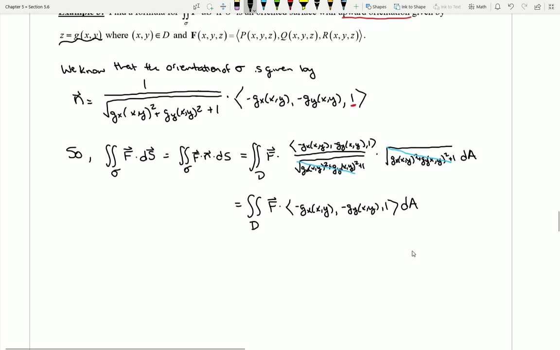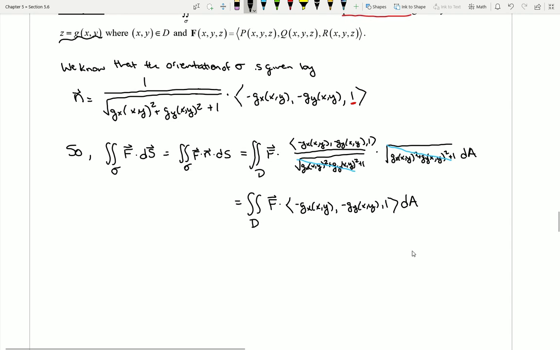If I was to go ahead and think about some other ways I could potentially work with this or rewrite this, I can notice that this vector that I have right here actually kind of resembles a gradient. Notice that the first component is a partial derivative with respect to x, the second is a partial with respect to y, and the last could be thought of as a partial with respect to z.